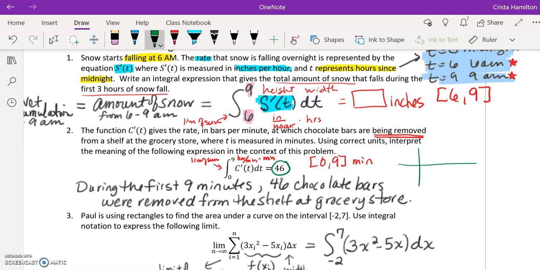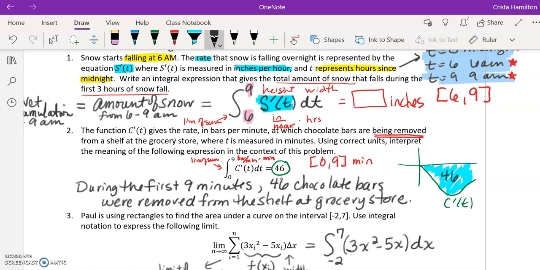So it's probably that from 0 to 9, your c prime of t is going to be running below the x-axis, and the area that represents from 0 to 9 is going to be an area of 46.